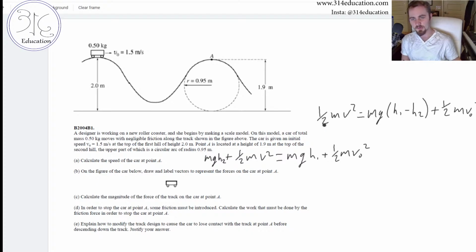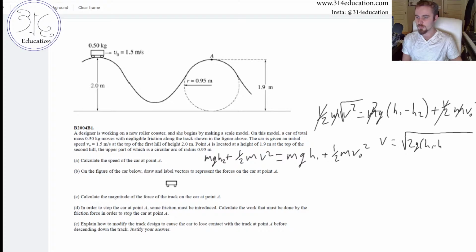We want to get V on its own, so we're going to divide all sides by mass, but there's mass in every term, so it all cancels, which is nice. And then we'll multiply by 2. We'll get a 2 here and cancel the 1/2 there. And then we'll take the square root, giving us a velocity of root 2g h1 minus h2.